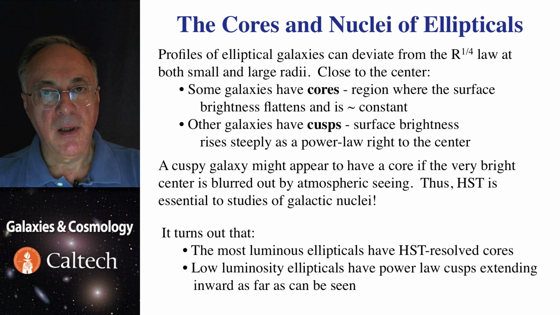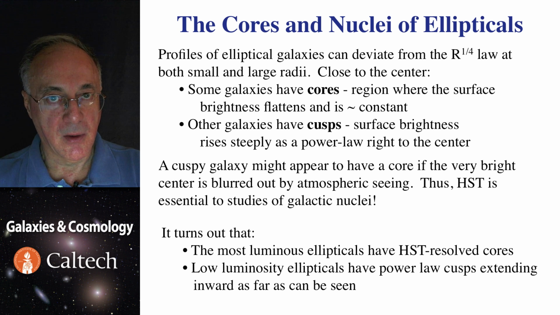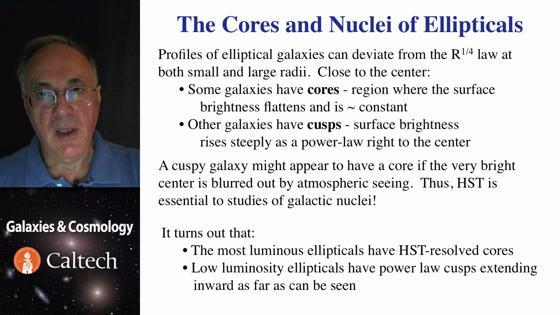In some cases, there are flat density distributions, sort of like Hubble envisioned. In other cases, there are density cusps. Density goes as a power law all the way in as far as we can tell. And those may be related to the presence of supermassive black holes. And carrying on with what happens at larger radii, we see that the more luminous ellipticals tend to be those that have flat cores, and smaller ellipticals tend to be those with cusps.